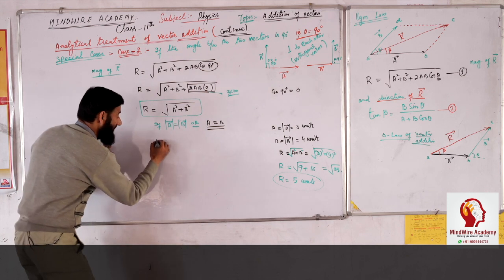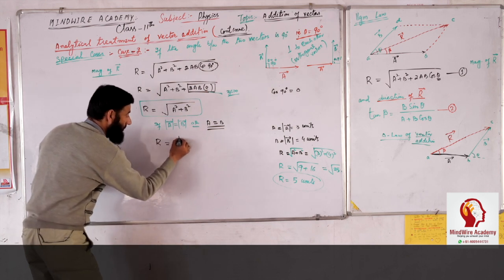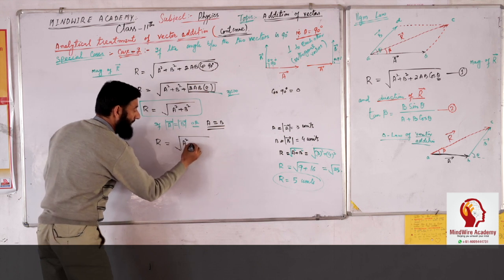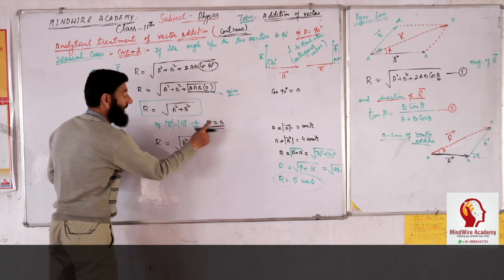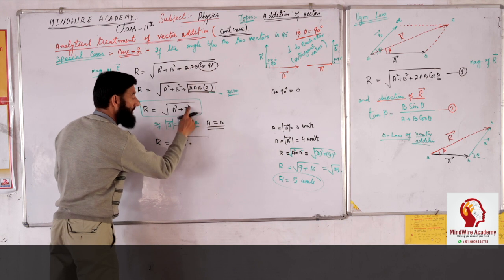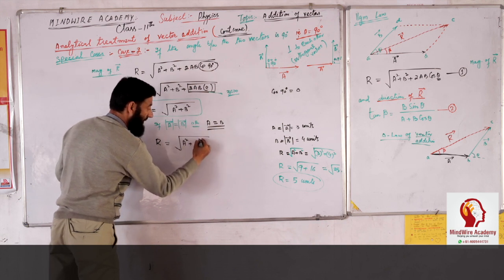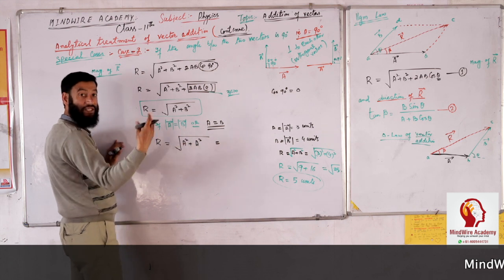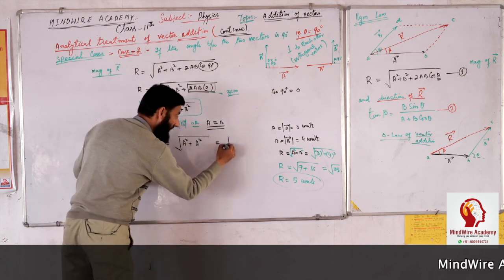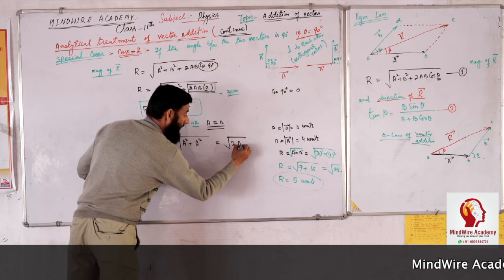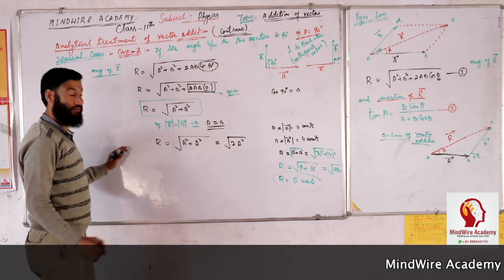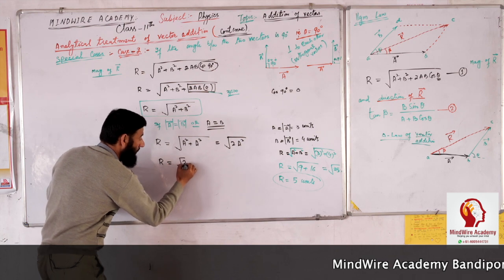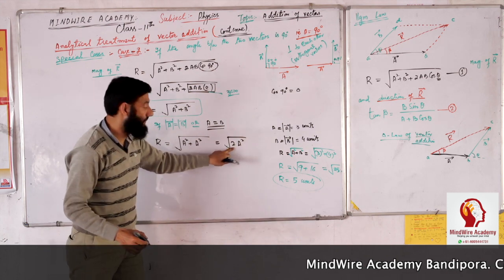So the resultant R will be equal to square root of A square plus B square, but B is equal to A, so instead of B square I will write A square. So A square plus one more A square, we will get 2A square. So we will get under root of 2A square. So that will be equal to R equal to square root of 2.